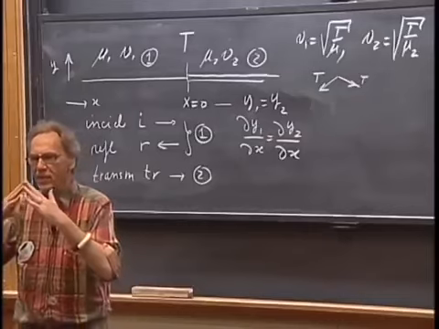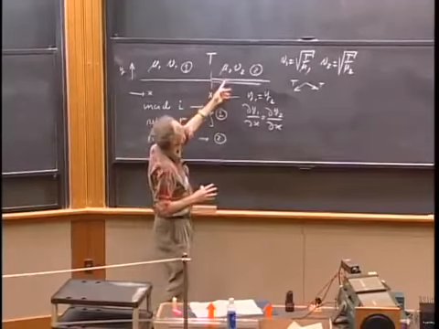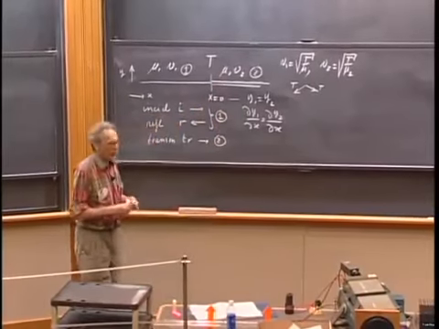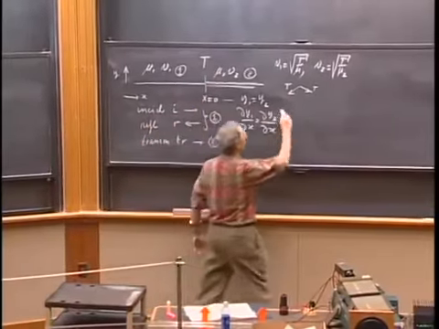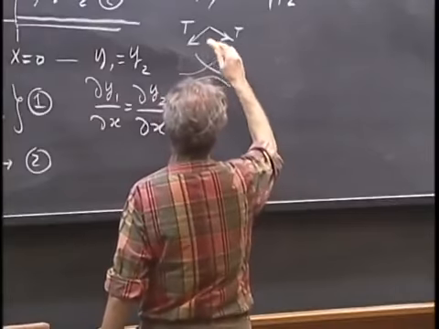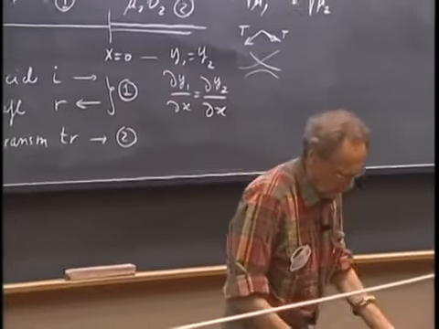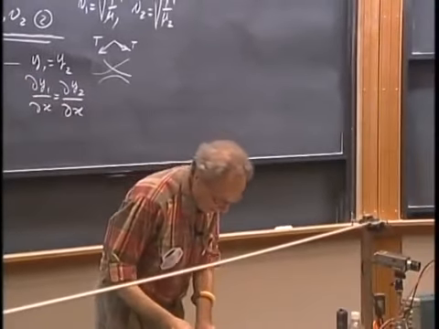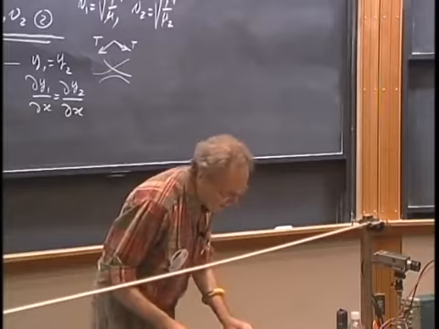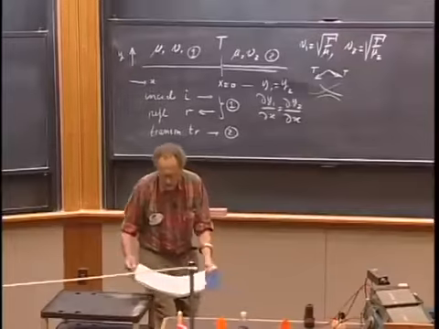So you can never have a kink in a string, not even when it is connected like this with another string. So it must always be fluent here. Or it could be like that, or it could be like that, but it cannot be like this. And so that's then the condition that the spatial derivative from the left must be the same as on the right side. So let us start with an incident wave.